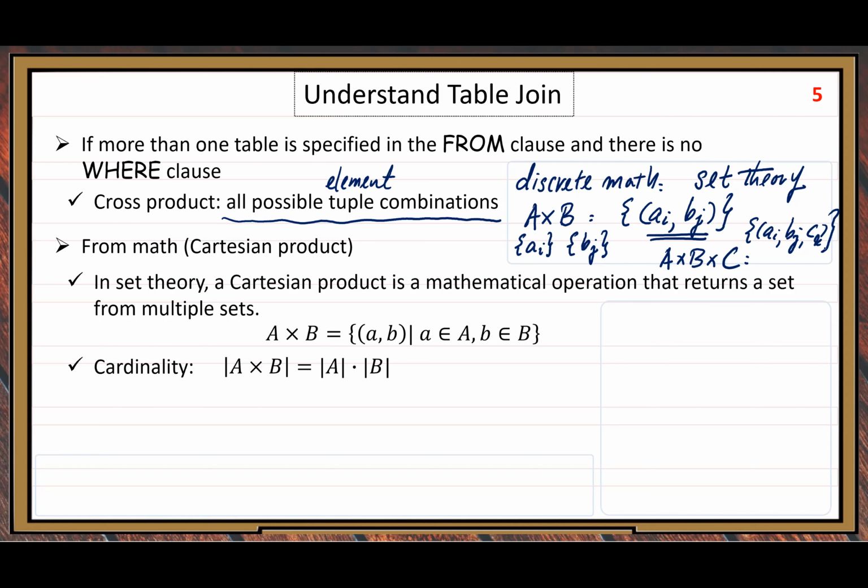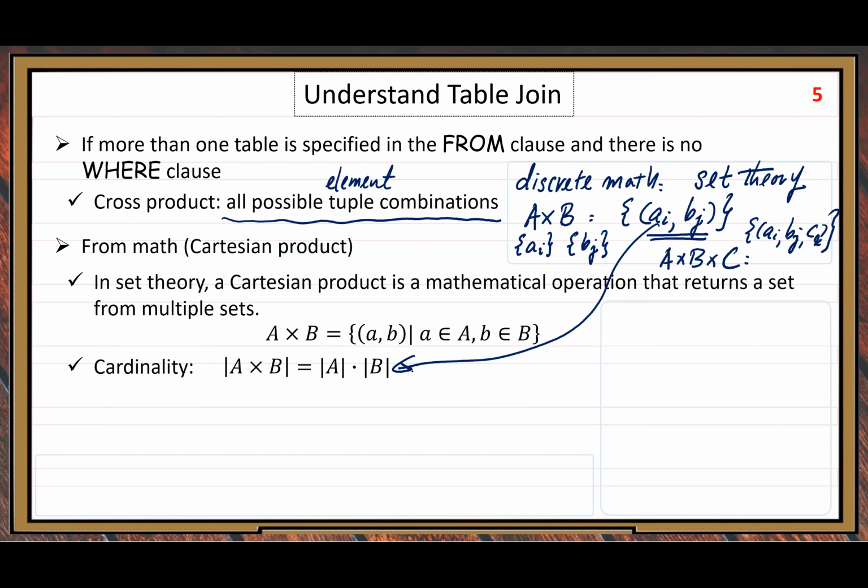The cardinality of the Cartesian product A cross B equals the product of the cardinalities of the two individual sets, A and B.